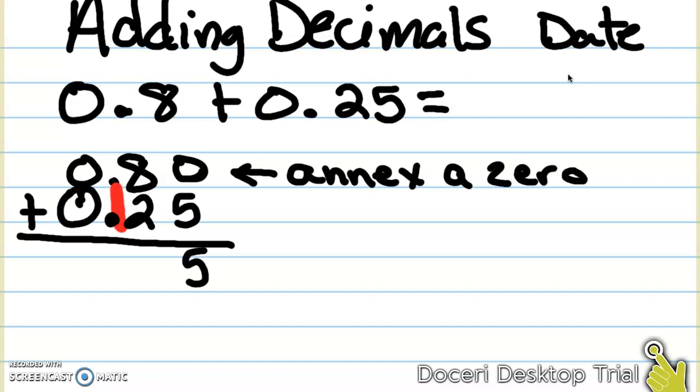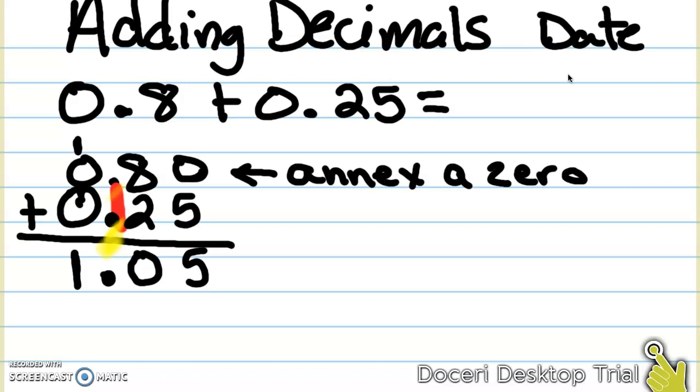And then I move over. 8 plus 2 is 10. So I put my 0, carry my 1. Then I bring down that decimal. So these decimals are going to come straight down. And 1 plus 0 is 1. So my final answer would be 1 and 5/100 would be my final answer here.